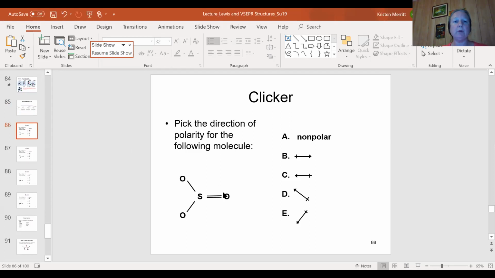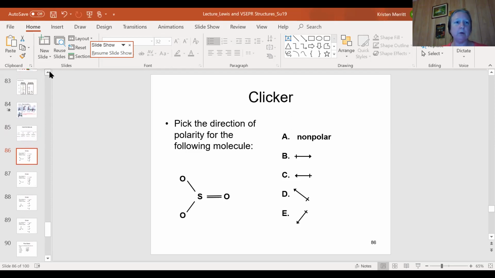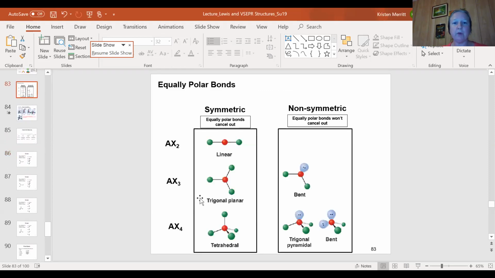Oxygen is more electronegative than sulfur. Now let's go back to this slide right here. When I have an AX3 and my surrounding atoms are the same, they're giving an equal and opposite pull, and it is nonpolar, okay?